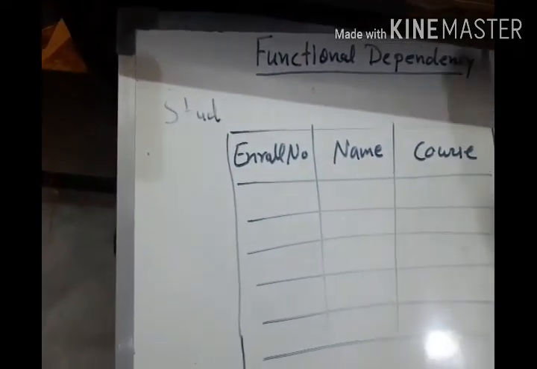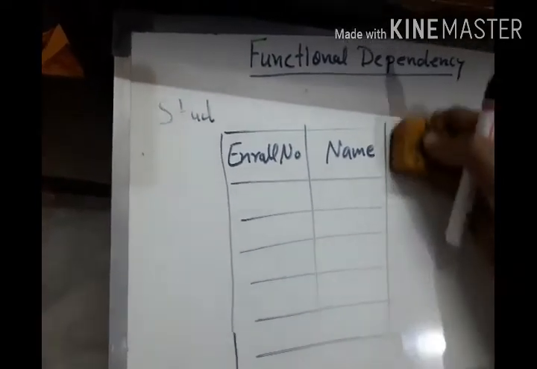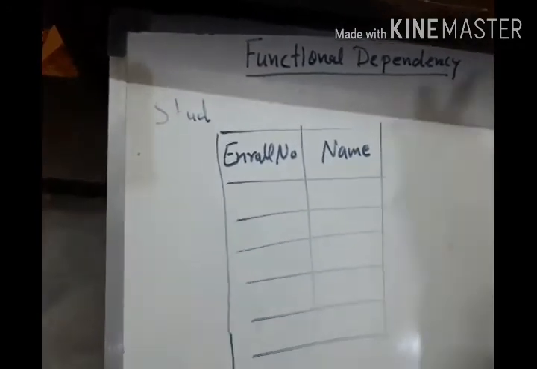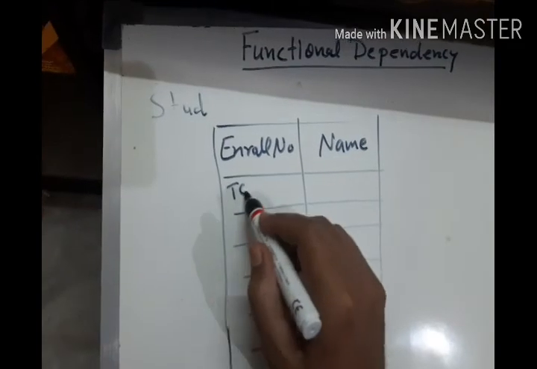For the sake of simplicity, I am taking just two columns to give you a complete understanding about enrollment number.